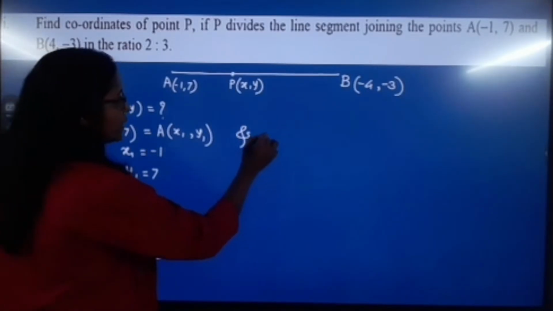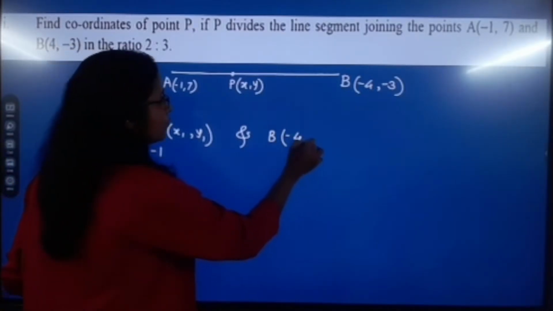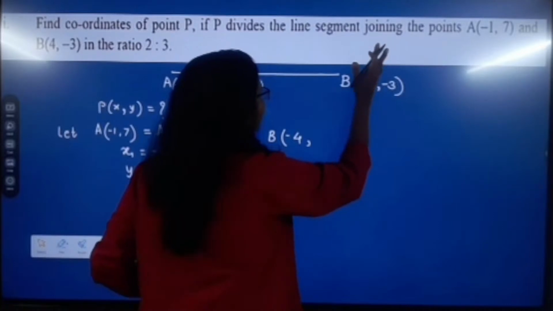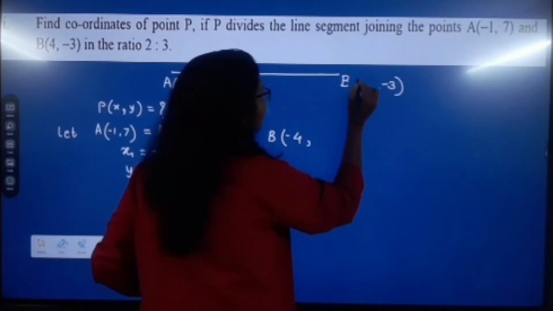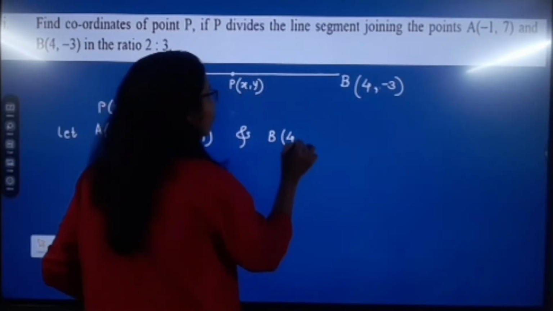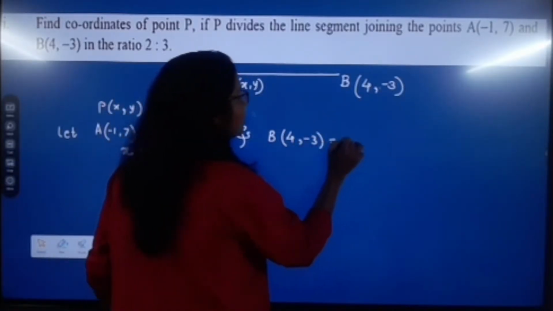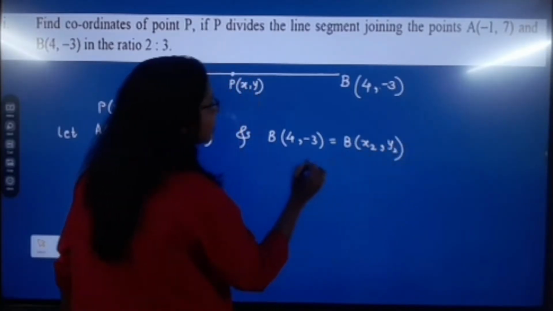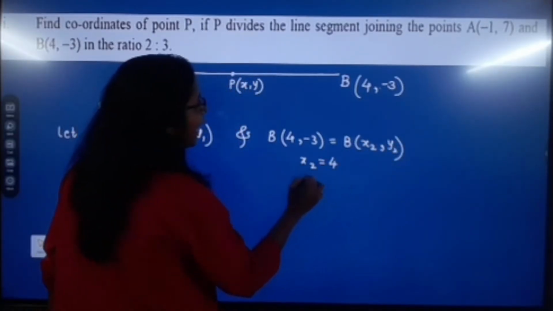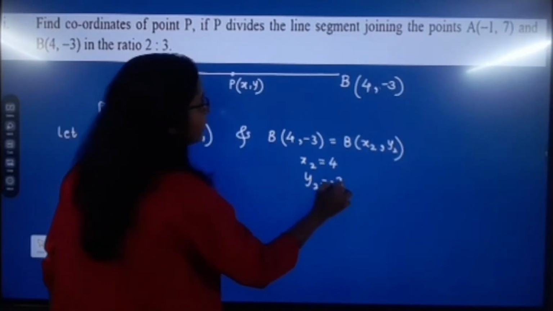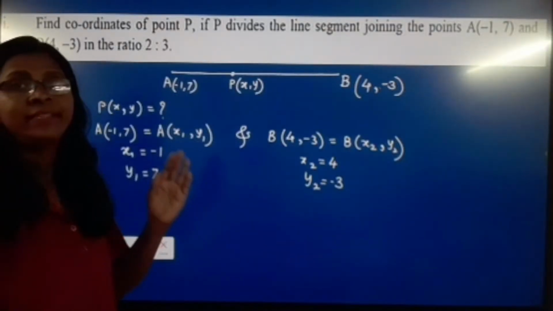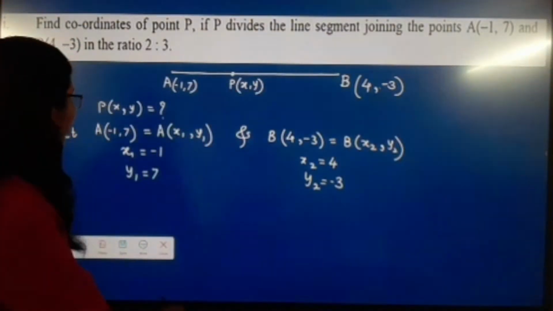And the next one, the B point, 4, -3, consider as (x2, y2). So here, students, x2 is equal to 4 and y2 is equal to -3. Now this is the section formula, students.